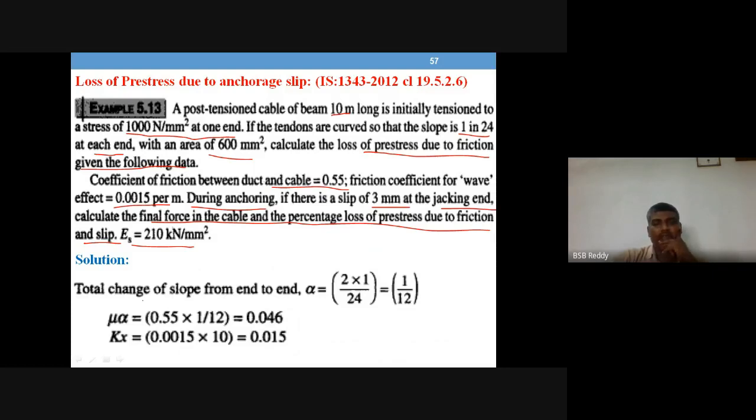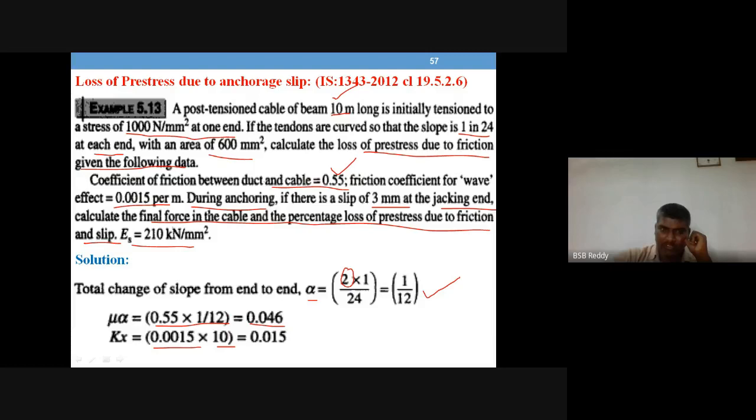Let us first find the friction loss. Alpha given is 1 by 24 slope. At each end it is 1 in 24, so you have to double the value. So 1 by 12 is the total slope value. Mu times alpha, mu is 0.55. K times x, span is 10 meters.